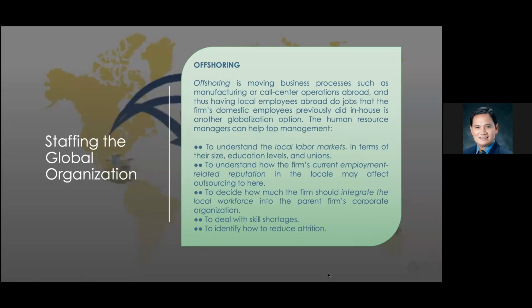So, what is offshoring? Offshoring is moving business processes such as manufacturing or call center operations abroad, and thus having local employees abroad do jobs that the firm's domestic employees previously did in-house. It is another globalization option.